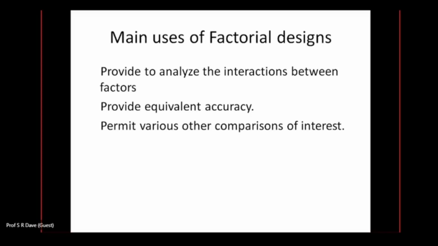Now there are procedures: suppose you are doing 2 raised to 4 or 2 raised to 5 experiments, then they will say you just select any one. Out of 2 raised to 4, 16 experiments, or 2 raised to 5, 32 experiments, you select any one point. Suppose I have selected ACD. It means this experiment I have to repeat 6 times.